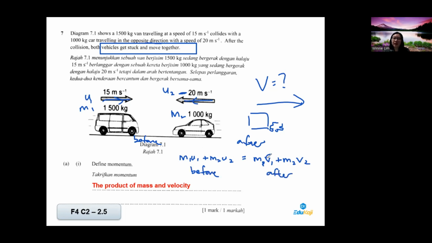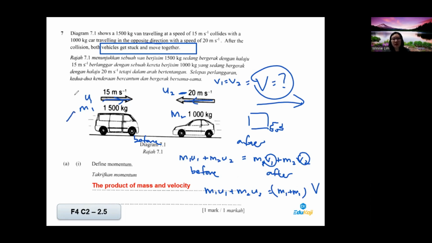But in this context, your V1 and V2 are the same because they move together. So we call this the common velocity. And our formula becomes M1U1 plus M2U2 equals (M1 plus M2) times V. This is also called inelastic collision.